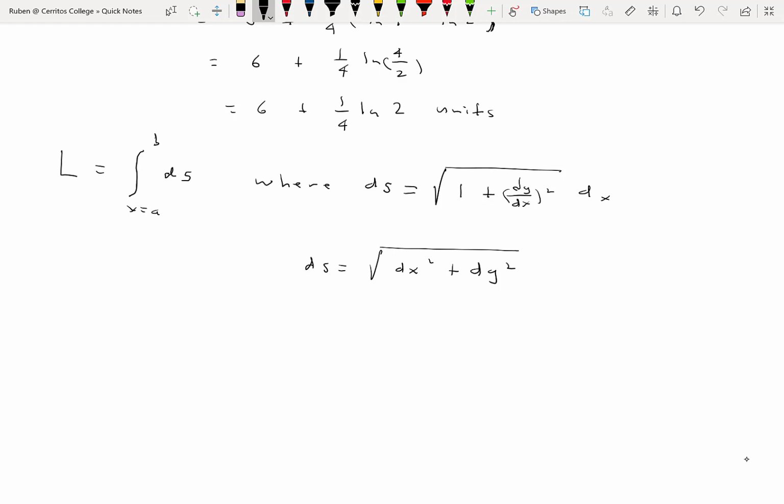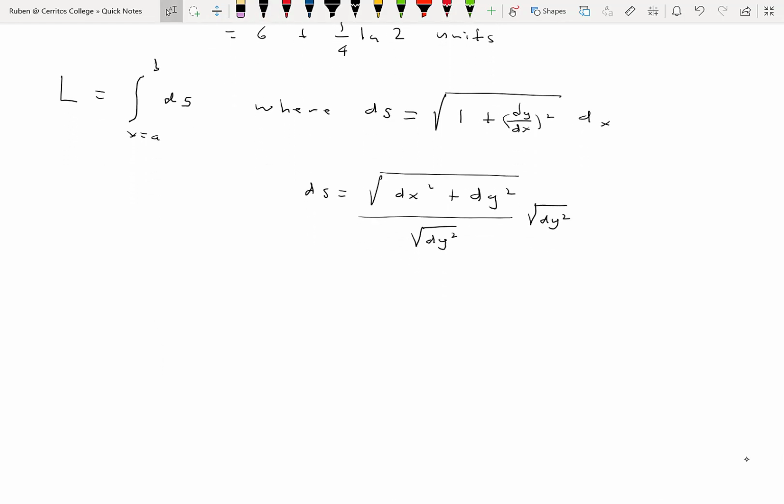Now, if I wanted to get a similar expression where I integrate with respect to y, then I would multiply and divide by the square root of dy squared instead of what I did about 10-15 minutes ago, and multiply and divide by the square root of dx squared.